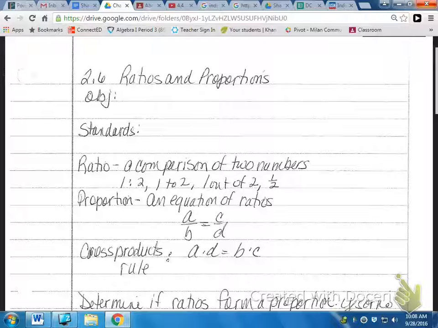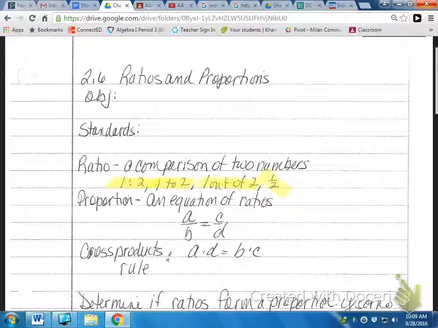So the ratio is a comparison of two numbers. And you have seen ratios given all of these ways in the past. 1:2. And you read that literally 1:2, but also writing 1:2 is a ratio. 1/2, and believe it or not, 1/2, the most common ratio, we would call it a fraction.